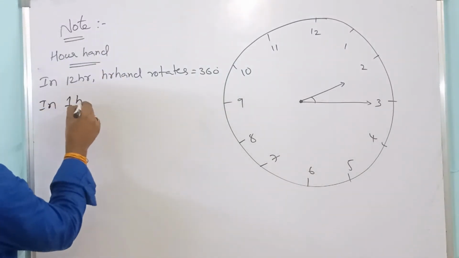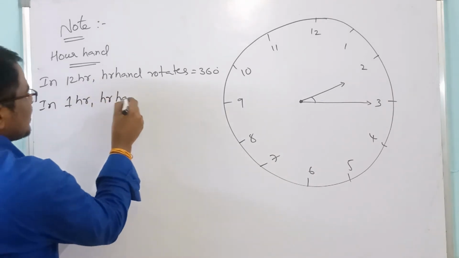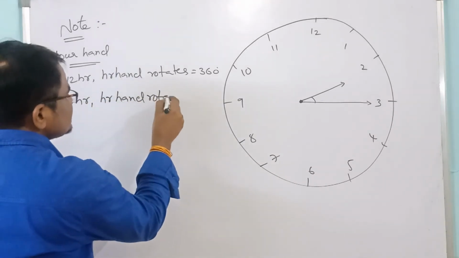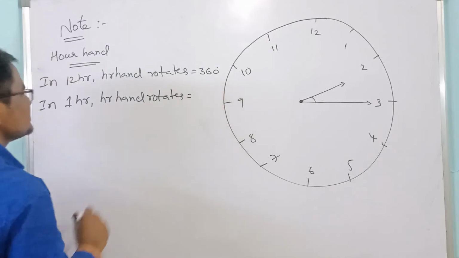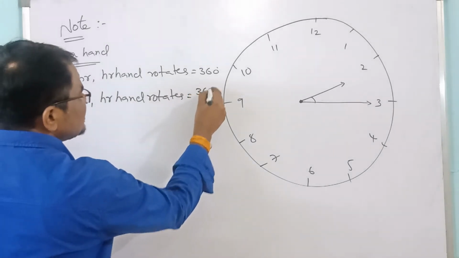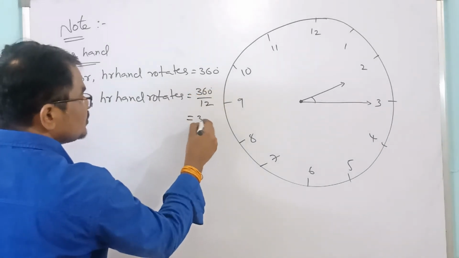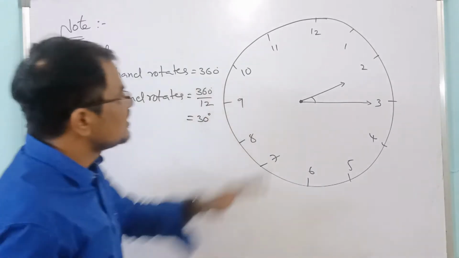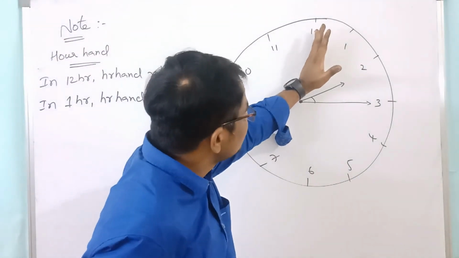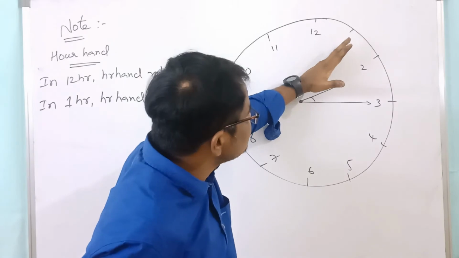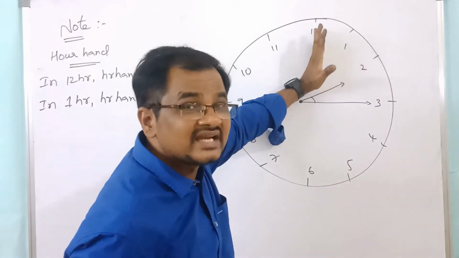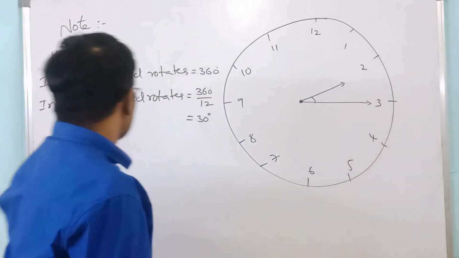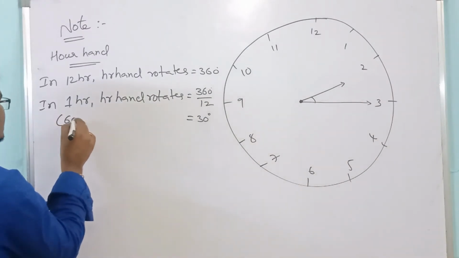Next, in 1 hour, how many degrees does the hour hand rotate? 360 by 12, that is equal to 30 degrees. So the hour hand starts here, and when it completes 1 hour, it makes 30 degrees, right? 1 hour is nothing but 60 minutes.